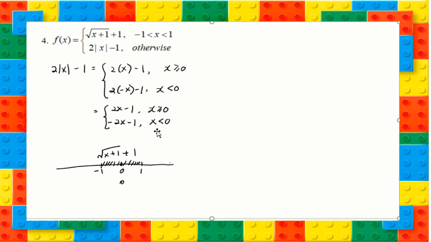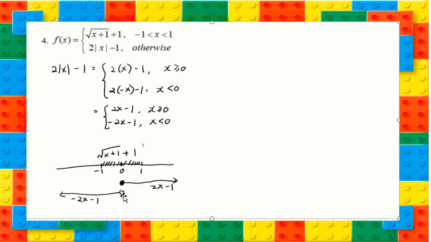When x is greater than or equal to 0, this one is for 2x minus 1. Then for x less than 0, this is for -2x minus 1.